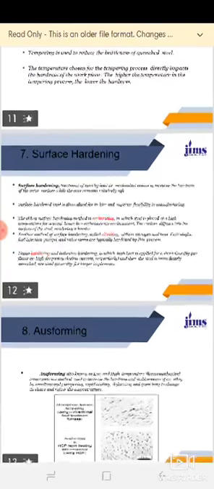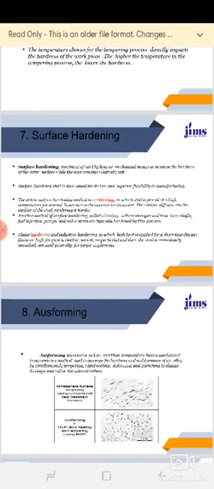Next is the surface hardening process. Surface hardening is a heat treatment process used for treatment of steel by heat or mechanical means to increase the hardness of the outer surface while the core remains relatively soft. Surface hardened steel is also valued for its low cost and superior flexibility in manufacturing.